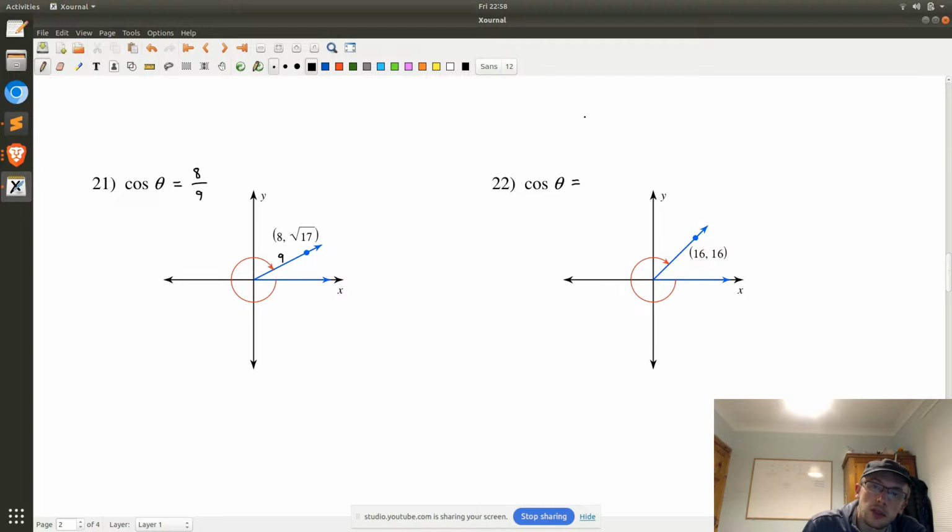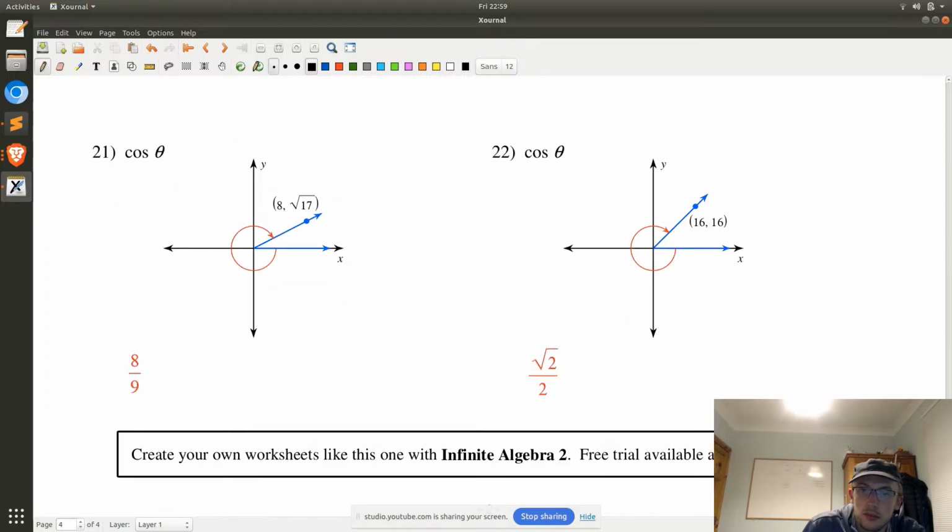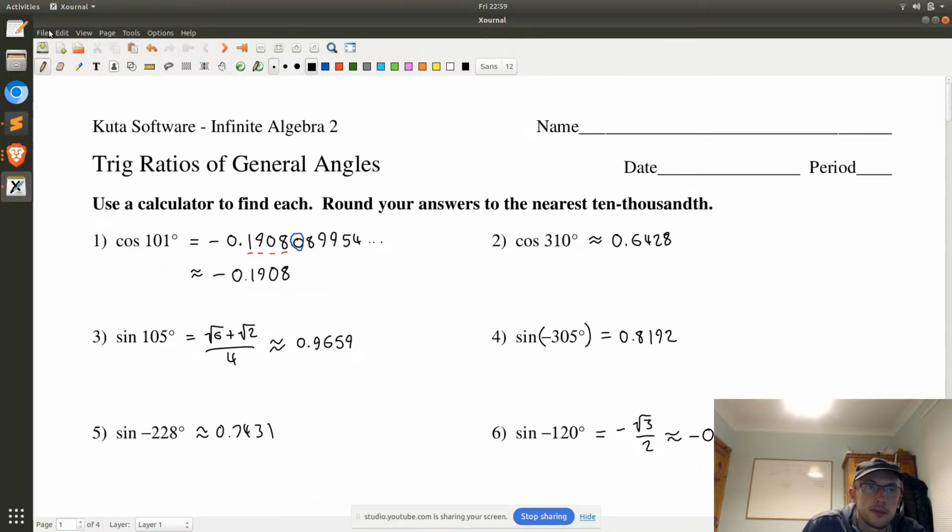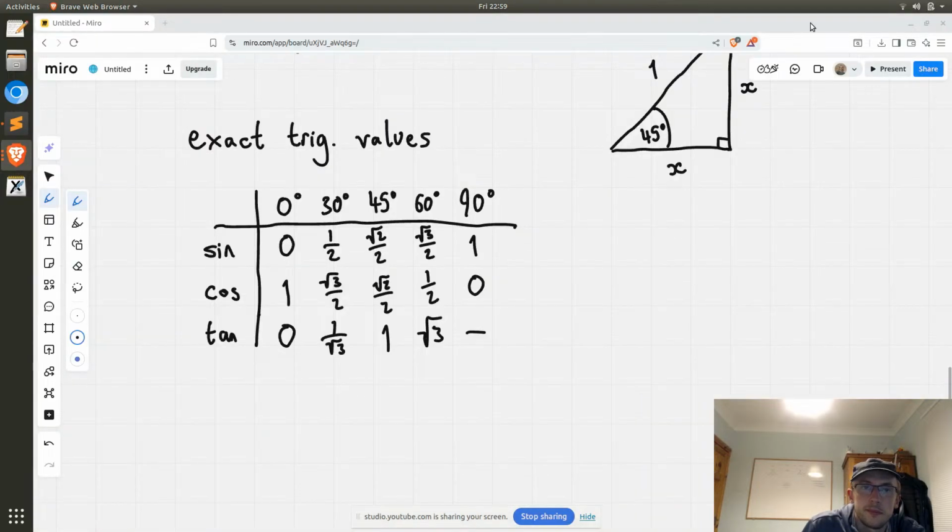So 16 root 2, so adjacent over that, so 16 over 16 root 2, so 1 over root 2, so root 2 over 2. Okay. How about that? Yeah. Awesome. Okay.